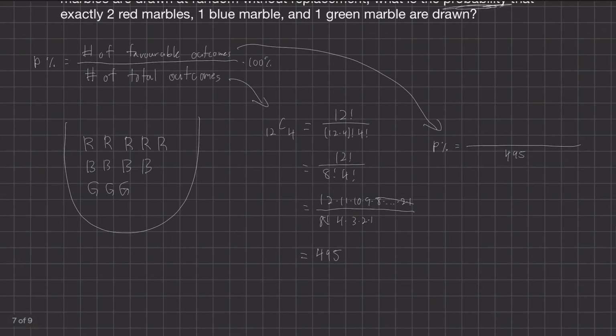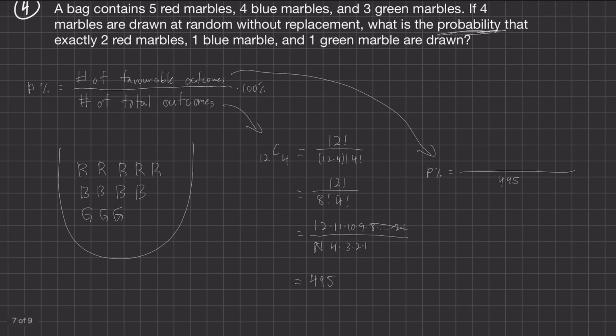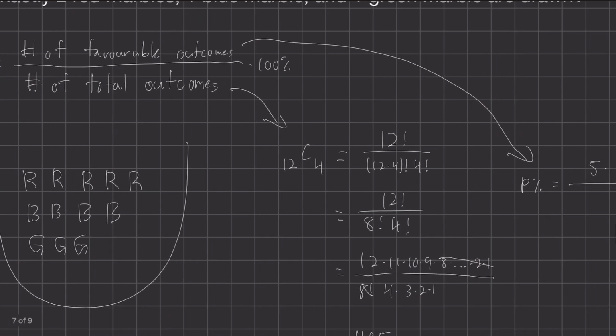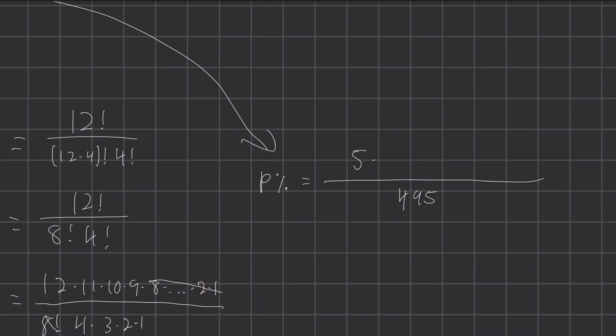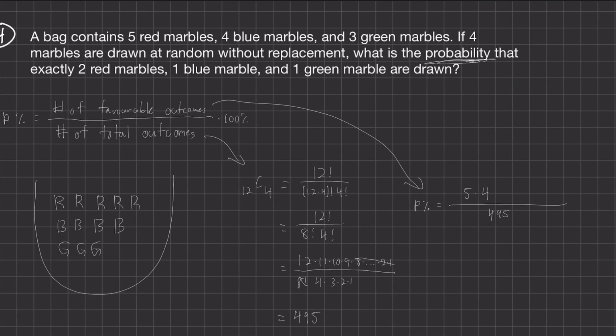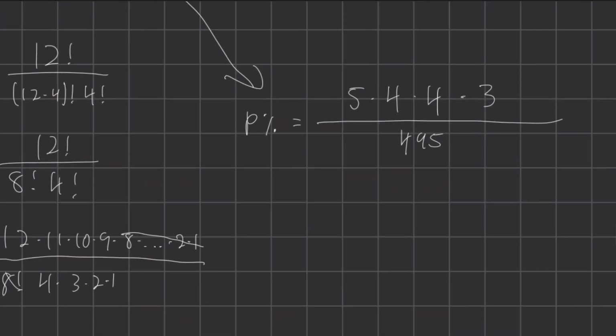So how many red marbles can we choose from in our first draw? It's going to be 5 because there are 5 red marbles, and then if we chose 1 red marble, we're left with 4. Now we just want 1 blue and 1 green, which is going to be 4 and 3, because there are 4 blue and 3 green.